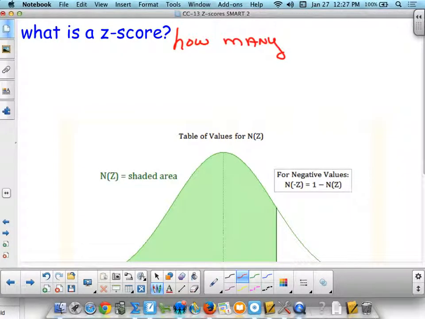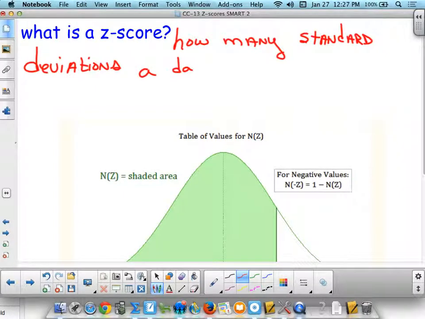A z-score is how many standard deviations a data value is from the mean.